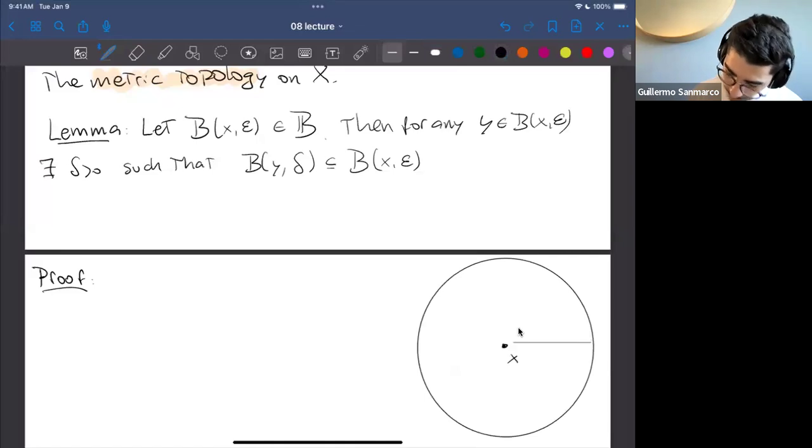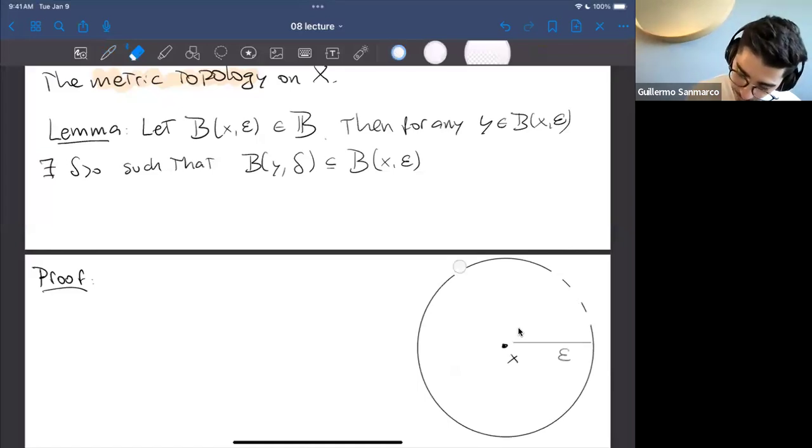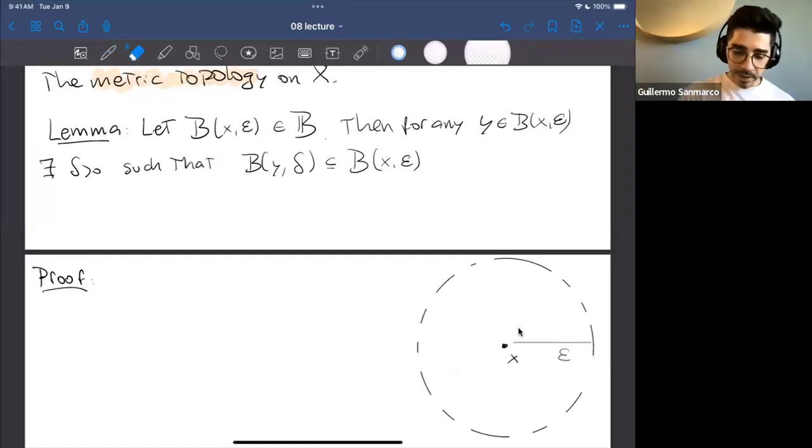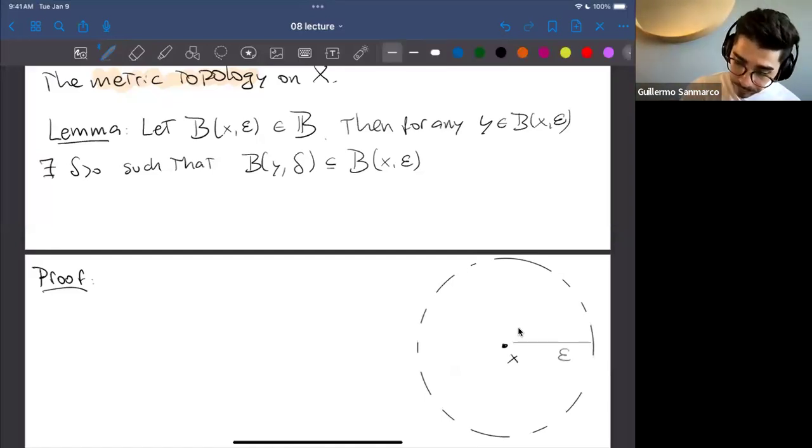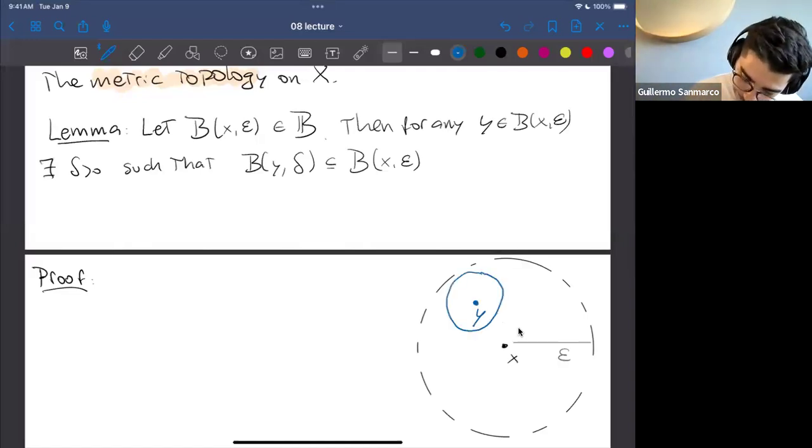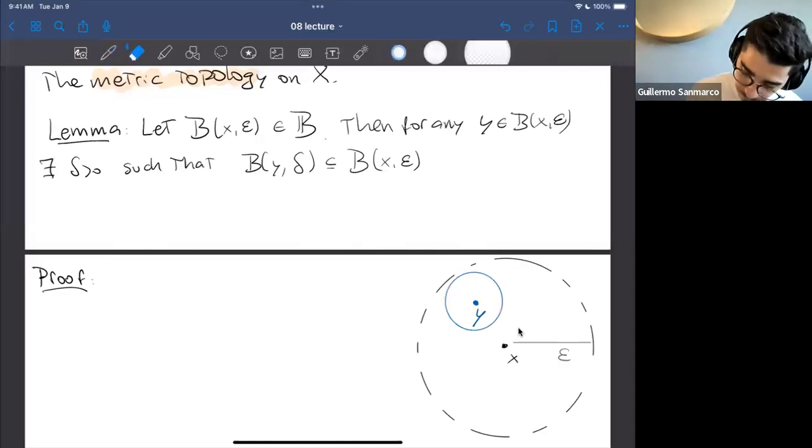So everything here is inside our ball, and we're saying this is open, so we don't have the boundary, something like this. And now I'm taking an arbitrary y. So let's fix our arbitrary y here. What I want to prove is that there is some open ball centered at y inside the ball that we have. So this is what I want to prove.